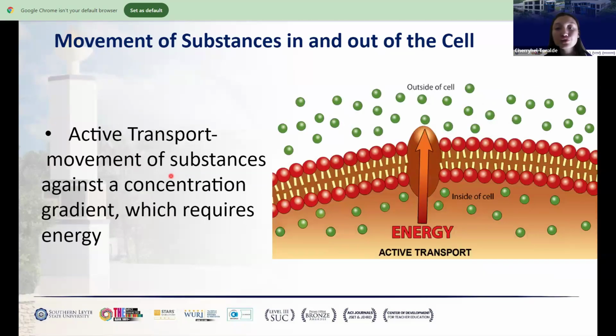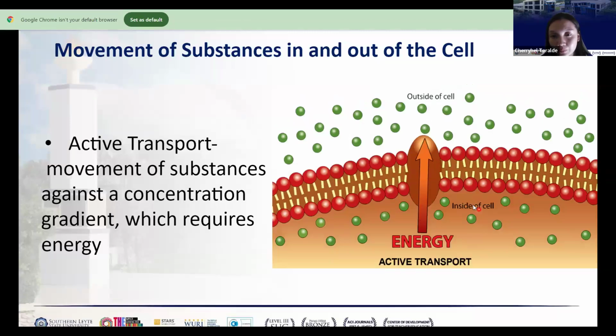Let's move on to active transport. Again, when we say active transport, it needs energy in order to move a substance against a concentration gradient. So just like what we can see here, konti lang yung mga molecules in the inside of the cell, but yung sa outside, napakarami na.